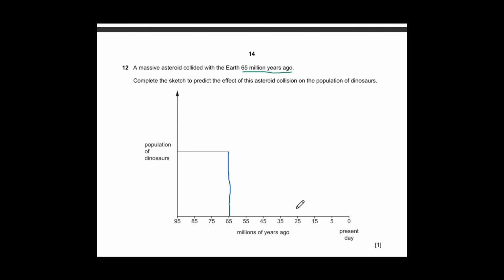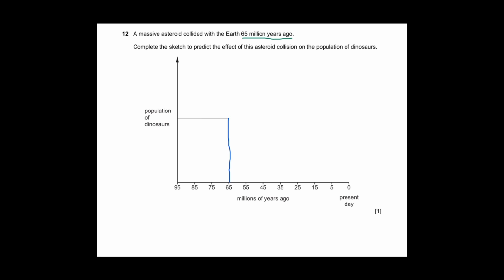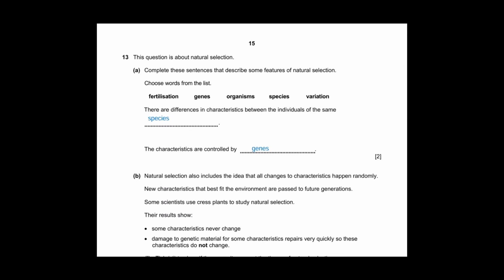In the case of the dinosaurs, within the same year of the collision, most of them were wiped out of existence. It happened that same year, not extended over millions of years. Please take note of that.